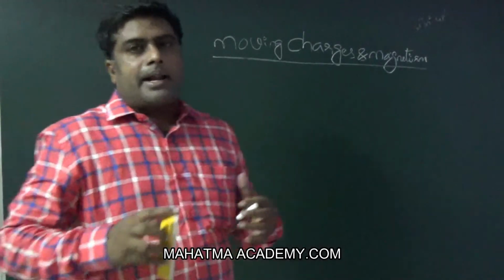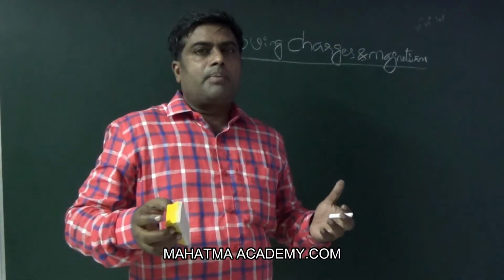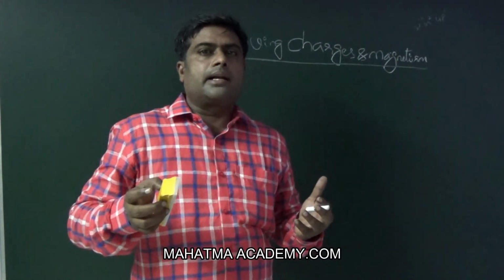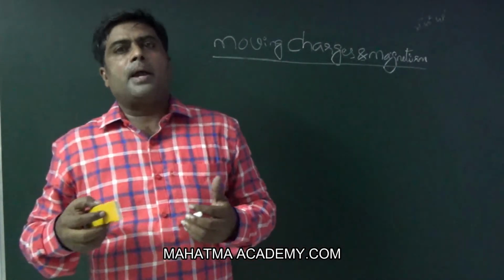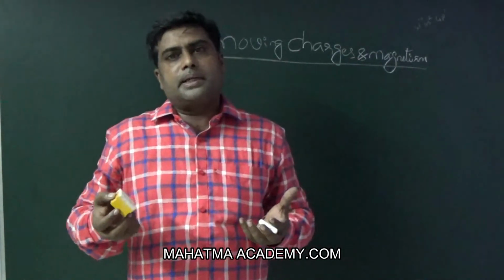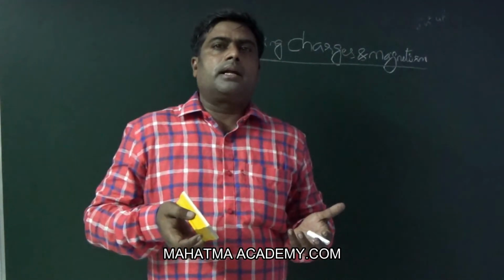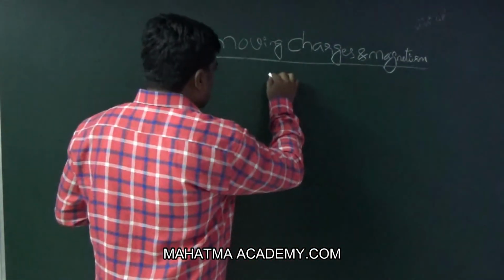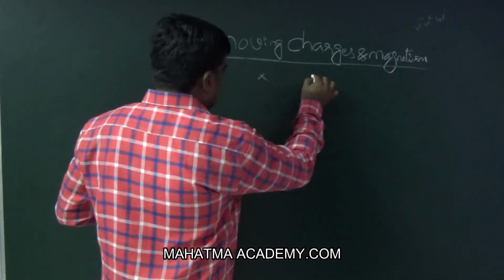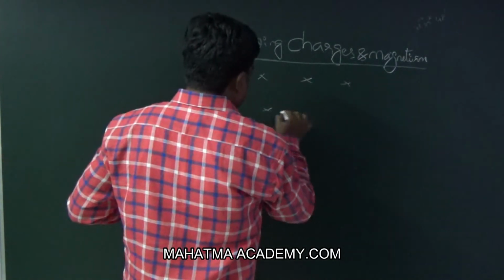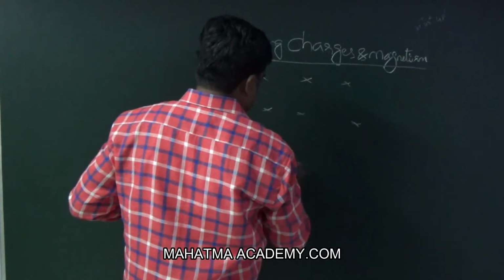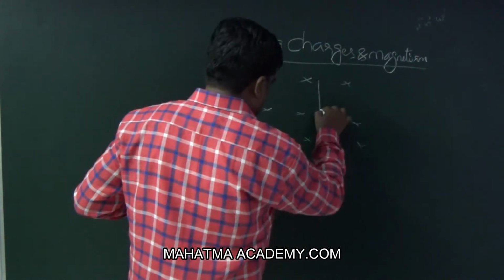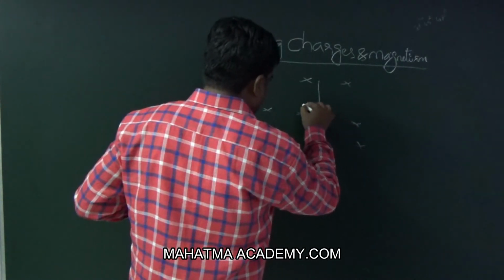Now another new topic: how a current carrying conductor behaves when placed in a magnetic field, how the force is experienced on the current carrying conductor. Suppose the external field is like this, and the conductor is placed in the external field.